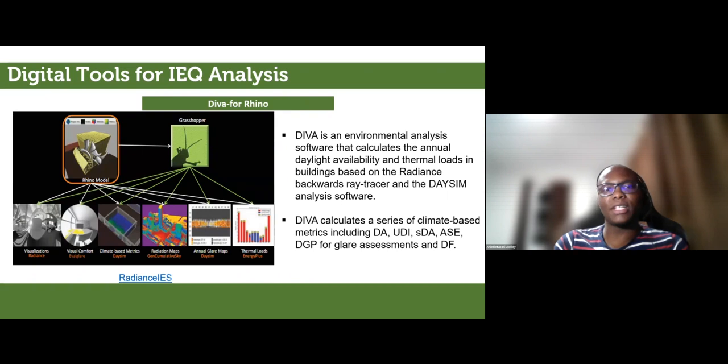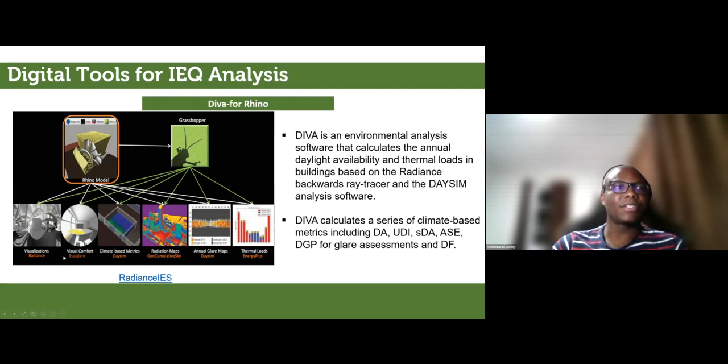Another useful tool is DIVA for Rhino. DIVA was developed by the Graduate School of Design at Harvard University. It can be integrated with Grasshopper for parametric optimizations and includes an energy simulation component as well.